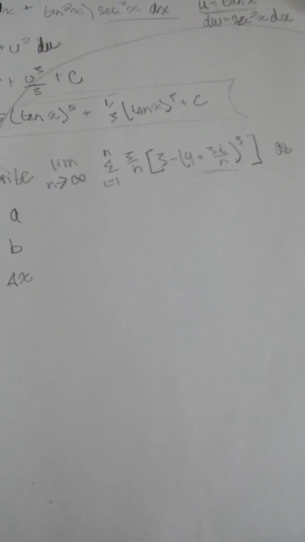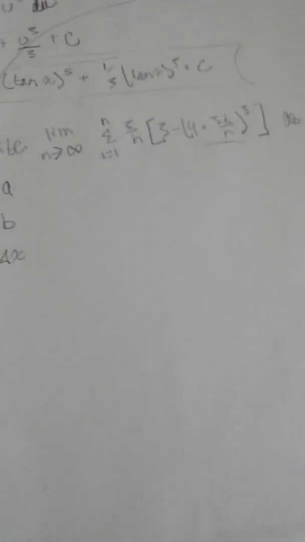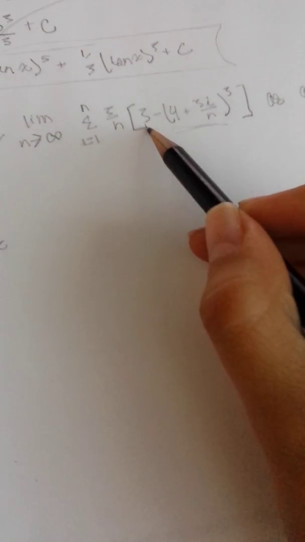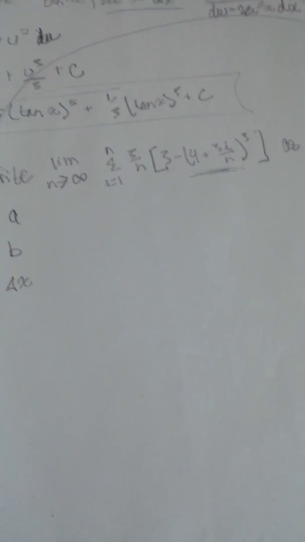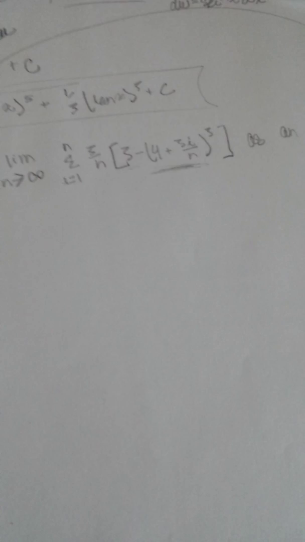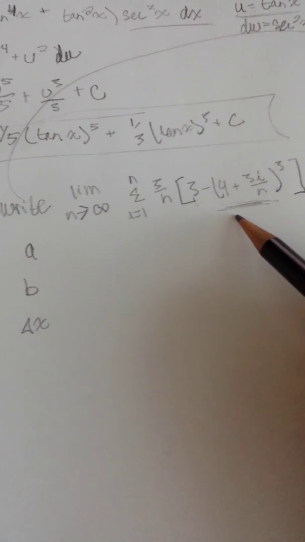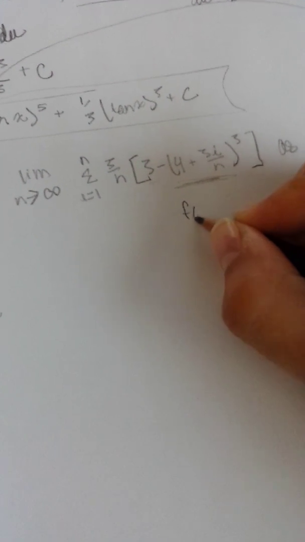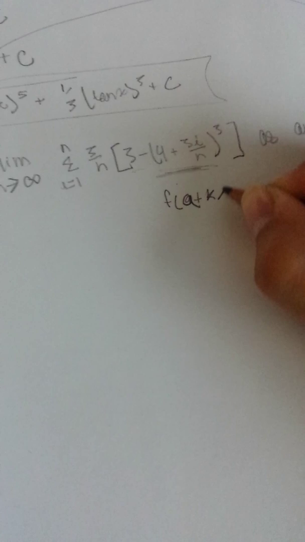Okay, so first of all, you can kind of see what your equation is just by looking at what they give you. This right here is going to be your x, which is your function. This right here is written in the form of f of a plus k delta x.